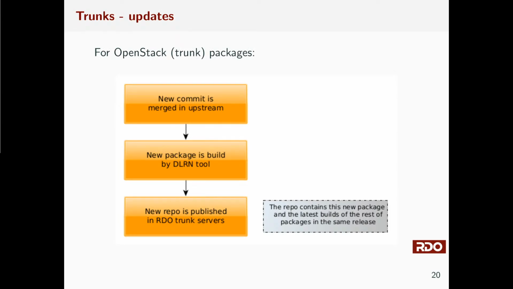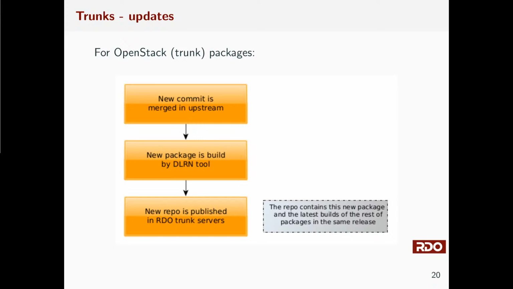In RDO, we are trying to stick to the upstream code as closely as possible. And for the OpenStack trunk procedure, we are monitoring the upstream projects. Let's take, for example, OpenStack Nova. A new commit is merged to OpenStack Nova, and this is monitored by our DeLorean automated tool.